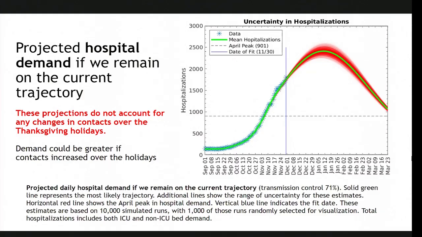Now, what I'm showing you here is hospital demand as we project it out. If we were to stay on this current trajectory of 71%, remember at 71%, as you see here, the epidemic curve continues to rise. We're showing some uncertainty in this red band around the green central line. This is probably not how things will play out because measures will be taken.